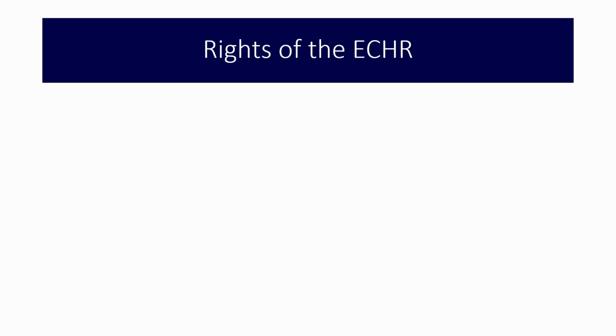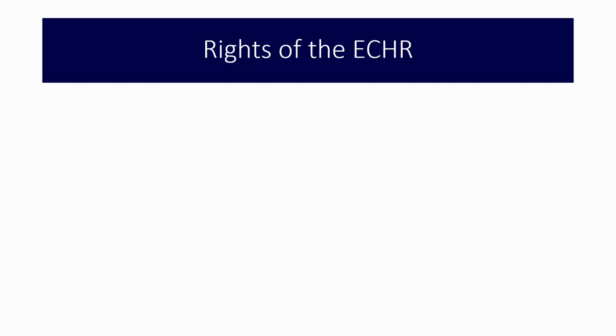In practice, this article is mainly important for the reason that it states where the Convention is applicable. States are bound by the ECHR within their jurisdiction. That is mainly important for the questions if and to what extent states are bound by the Convention when acting outside of their own territory, for example, when carrying out military operations abroad.